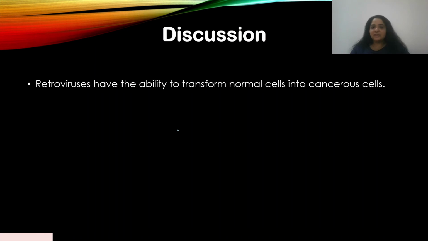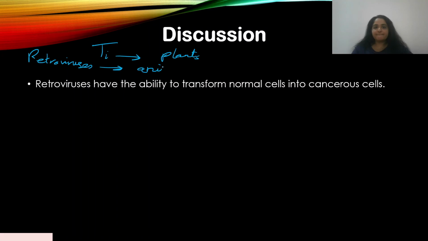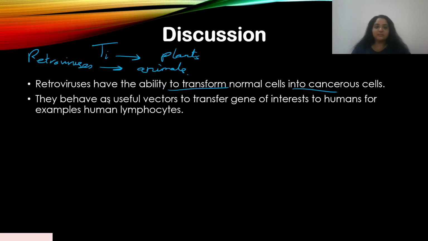Like previously, we spoke about TI plasmid and how that is used as a natural genetic engineer for plants. Similarly, retroviruses are used in animals. They have the ability to transform normal cells into cancerous cells, we know that. So the virulent part is removed.